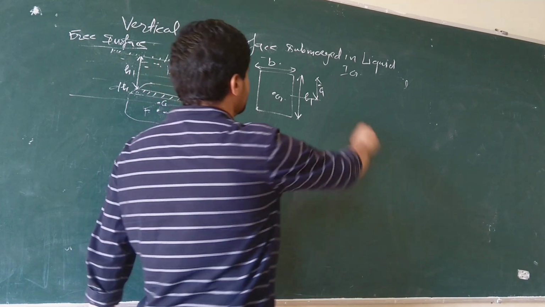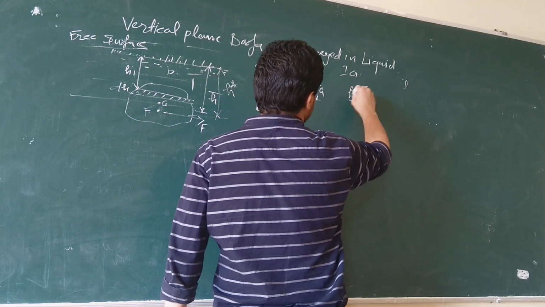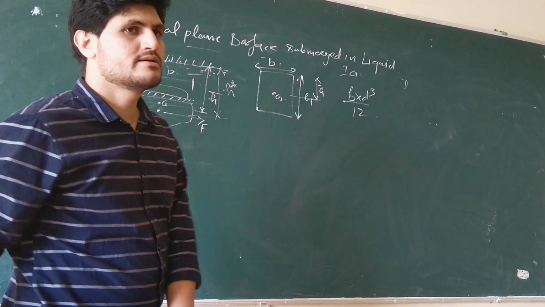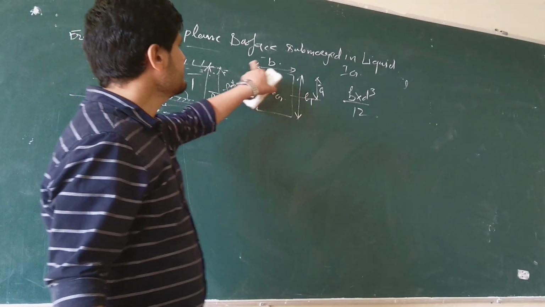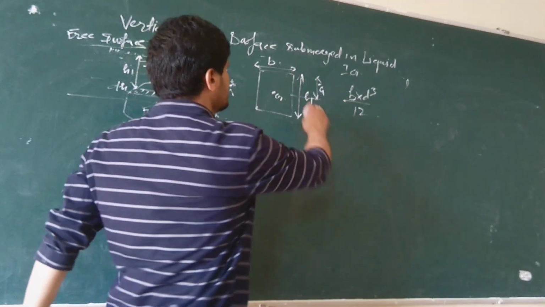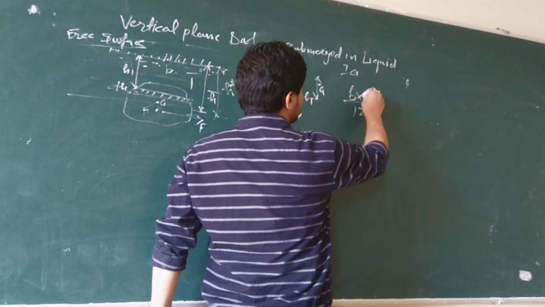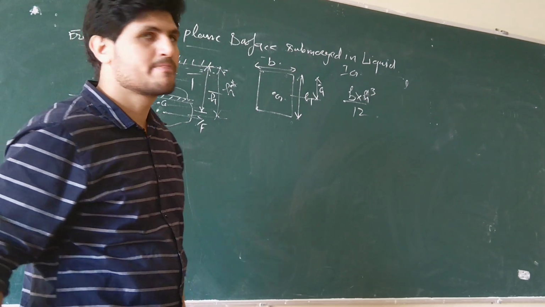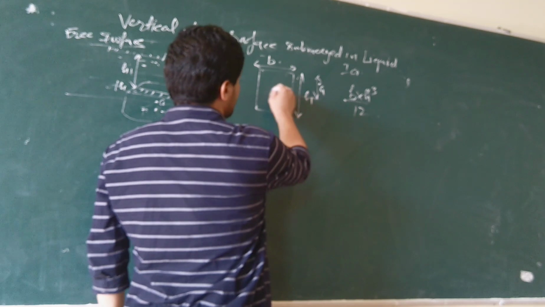So what is the value of Ig for this? This is b d cube by 12. What is b? b is the width, d is the depth. Depth here I have taken as h, so b h cube by 12.